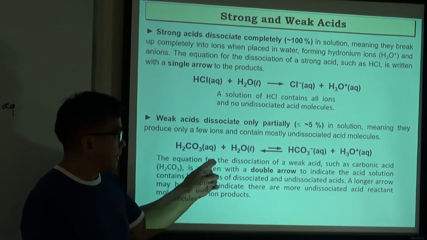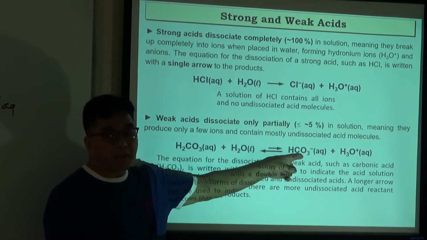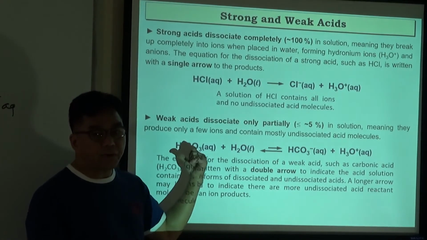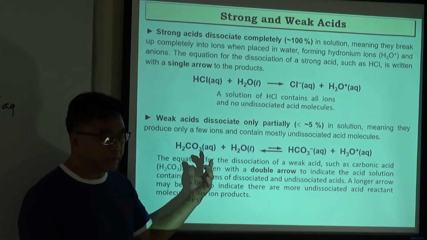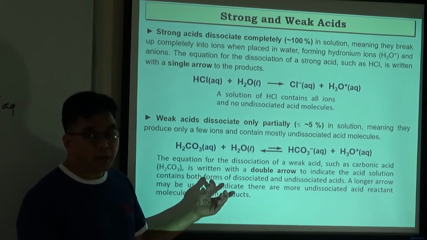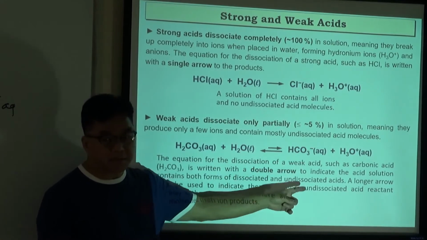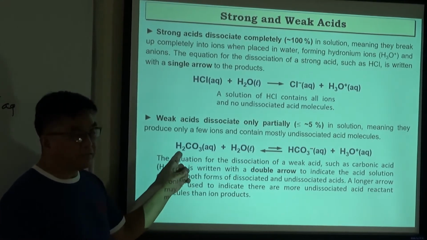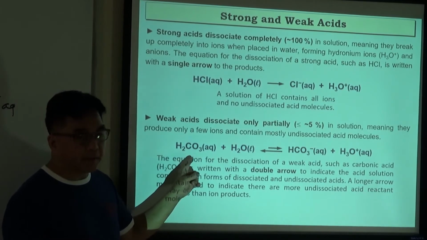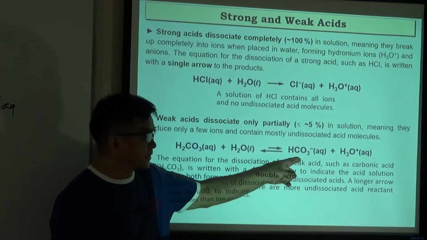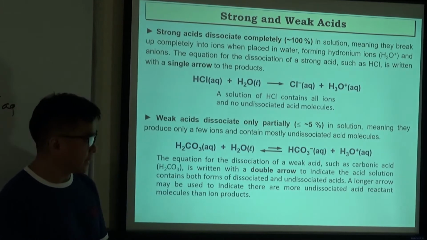So the forward rate of formation of the ions and the reverse rate of formation of the ions are equal. When you measure the concentration of the undissociated acid and the dissociated acid, usually more than 95% remain undissociated, and only about 1 to 5% dissociate for a weak acid.